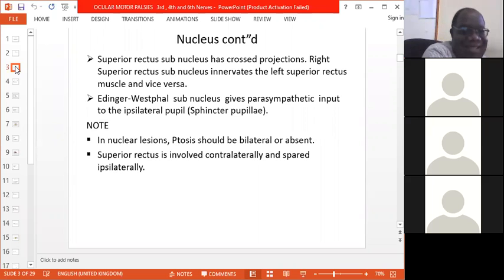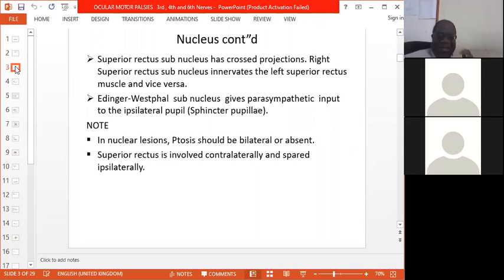Oh, I see it. Now, in ptosis, when there's a problem with the superior rectus from one eye, why isn't the other eye affected also? Why doesn't this eyelid also droop? Because the work is in tandem. Daniel.